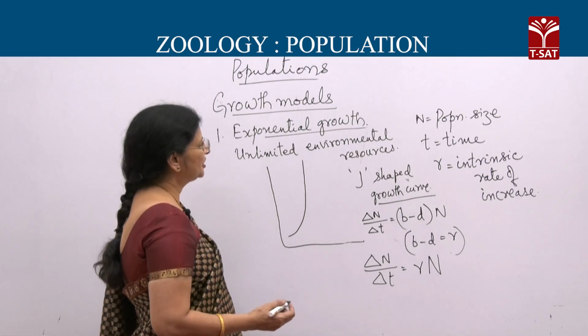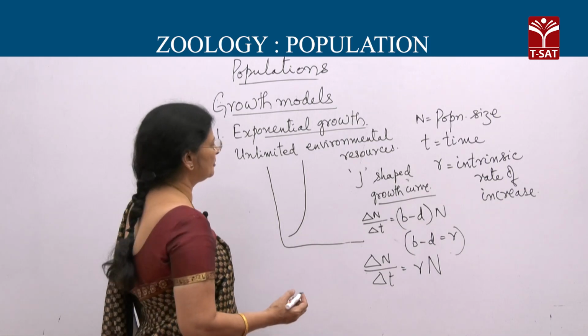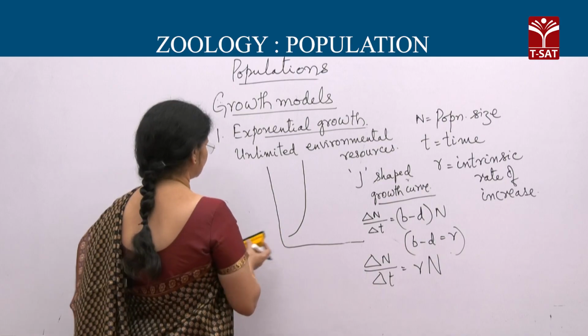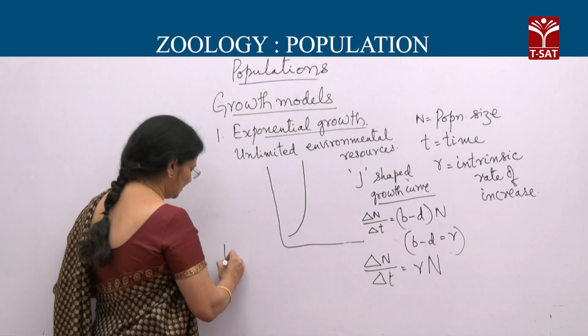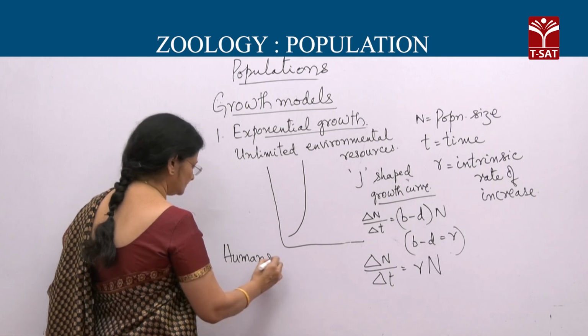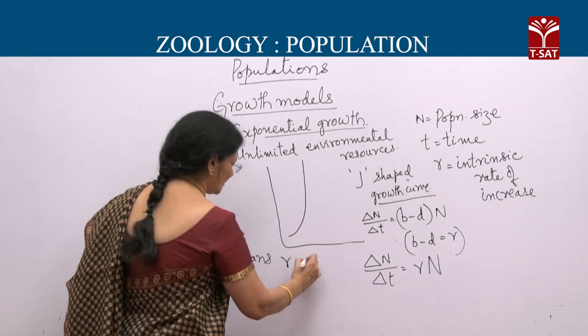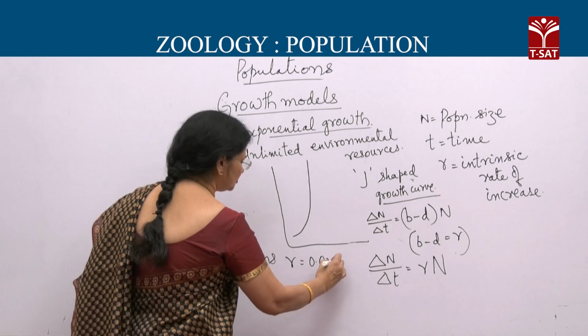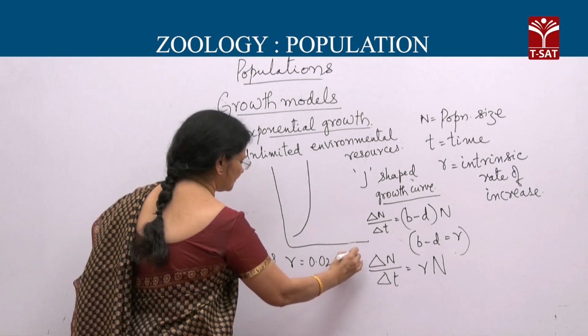If you take the intrinsic rate of increase of the human population, this r value is 0.0205.